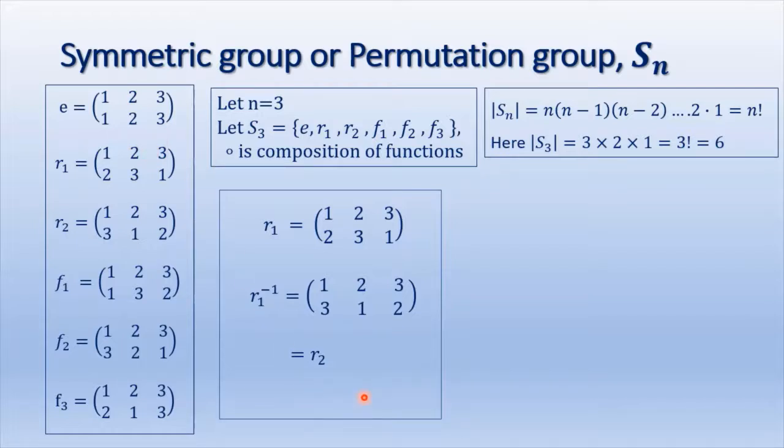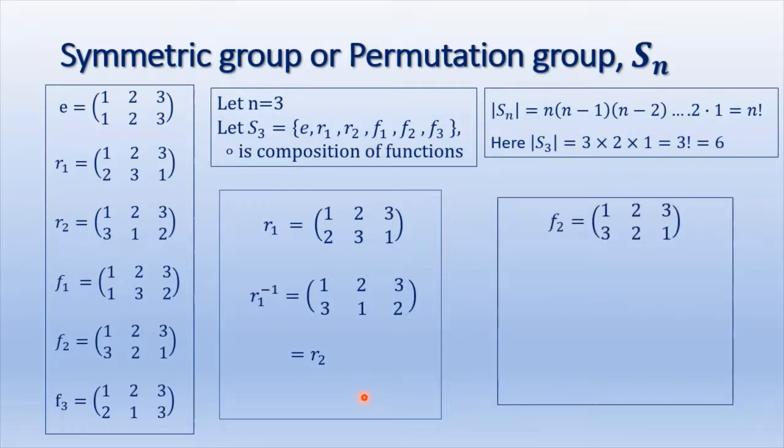We shall see another example. Consider the permutation F2. F2 is defined like this. So to find F2 inverse, first we have to write 1, 2, 3 in the first row and the corresponding values for the second row will be obtained from F2 by looking from bottom to top.